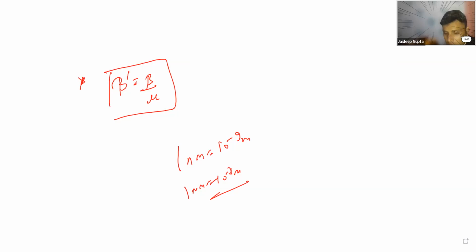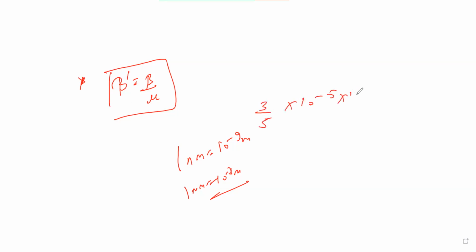Yeah, 3/5 multiplied by 10 raised to the power of minus 6. And then after that, now I'm getting 3/5 multiplied by 10 raised to the power of -6. The answer is into 10 to the power minus 6, 7. Wait, this is the answer.